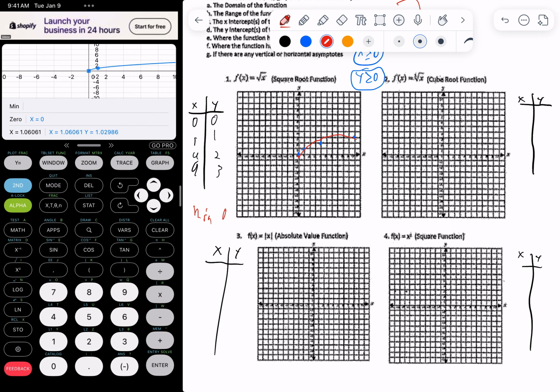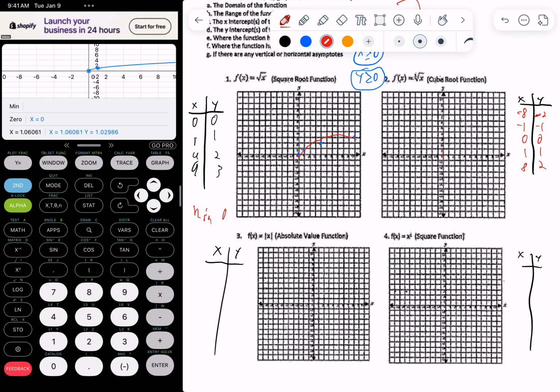So let's start off here, because it's -8 and -2, because the cube root of -8 is -2. -1 and -1, because we want to keep going down like this over here. So 0 would be 0, 1 calculated is 1, and 2 calculated is 8. So 2 cubed is 8.